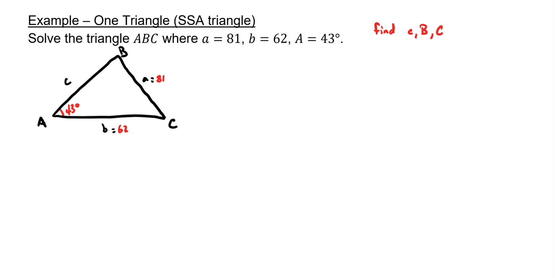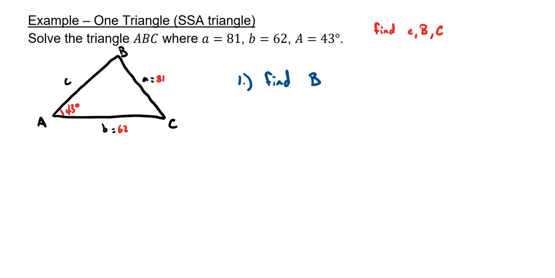So we need to find little c, big B, and big C. And of course, the order in which we find these will usually matter. So the first step, based on what we just saw written above, when you have a side-side-angle triangle, is to find the angle opposite the other side. So this is going to be find angle B.